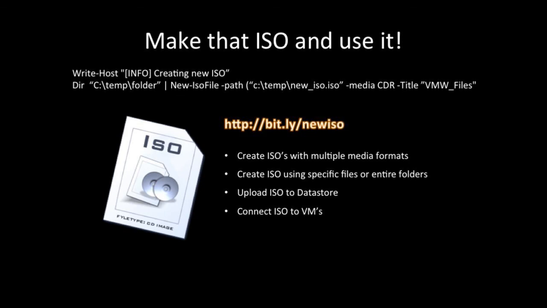And I have the code up above that essentially you specify a target folder, and the target media, so is it a CDR, is it DVD, it has all the notes in the function as well, but this will actually create an ISO leveraging PowerShell that you can then upload to the datastore either manually or also using PowerShell, and connect and start using with your virtual machines very quickly.